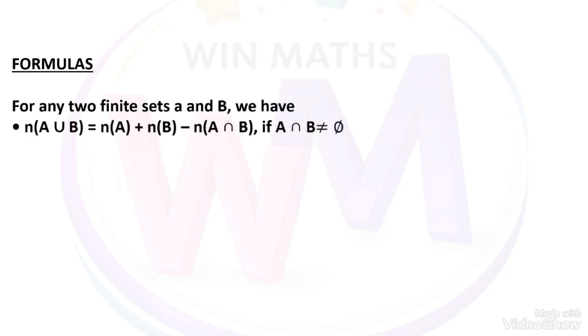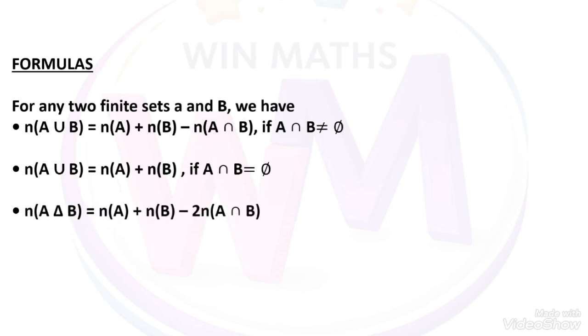For any two finite sets A and B, the number of elements of A union B is equal to n of A plus n of B minus n of A intersection B. If A intersection B is empty, then n of A union B is equal to n of A plus n of B, meaning there is no common element between the two sets.